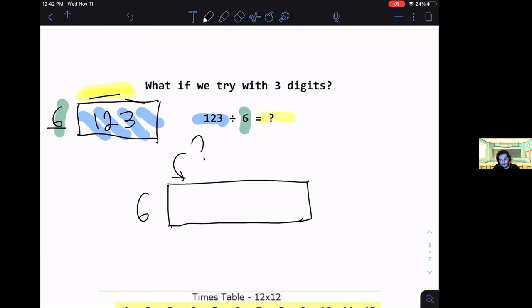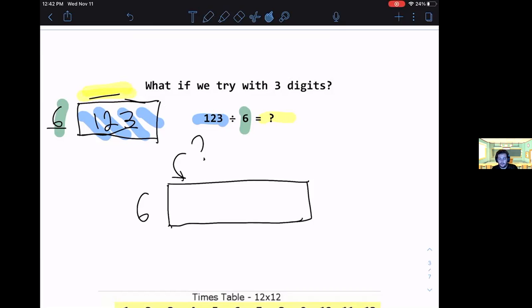Actually, no, we'll leave 123 right over here as shown. So many of us are going to want to look at how to approach this. There's a few strategies to this, but the easiest way would be using our math facts.